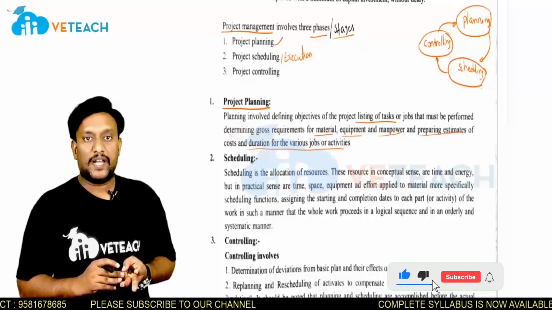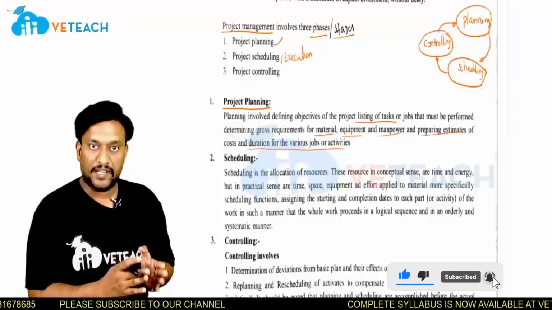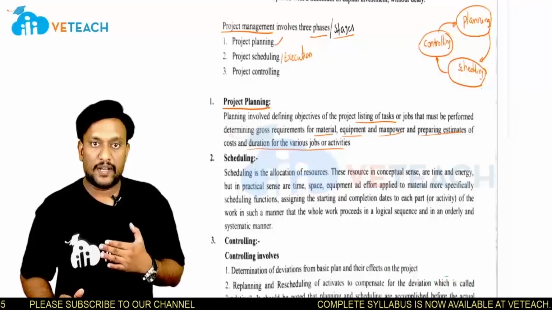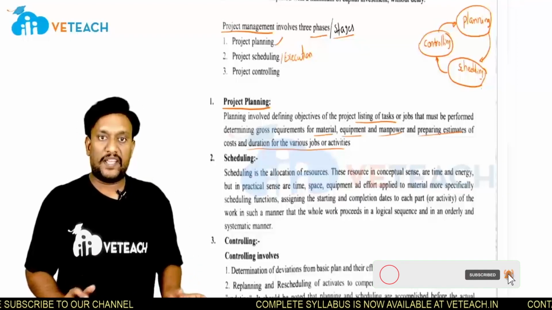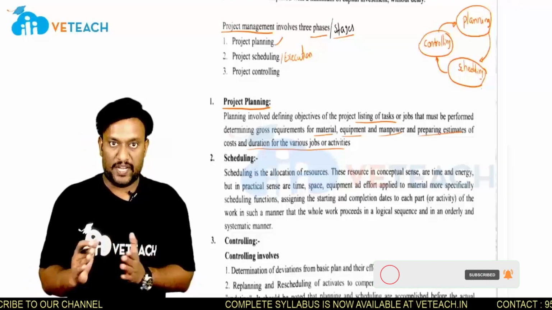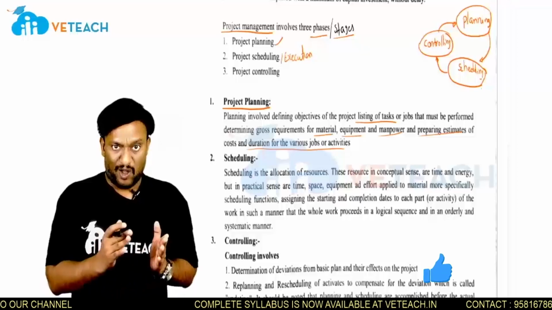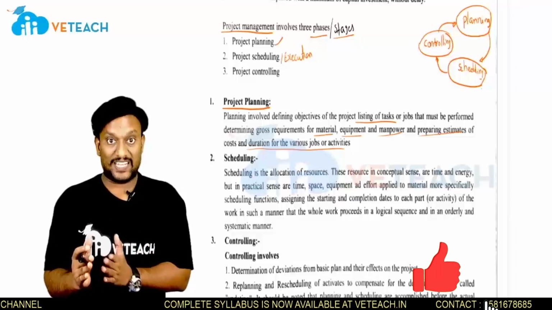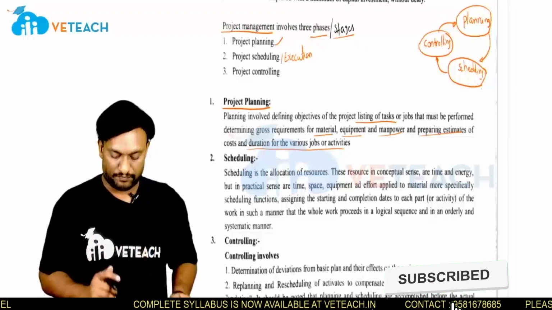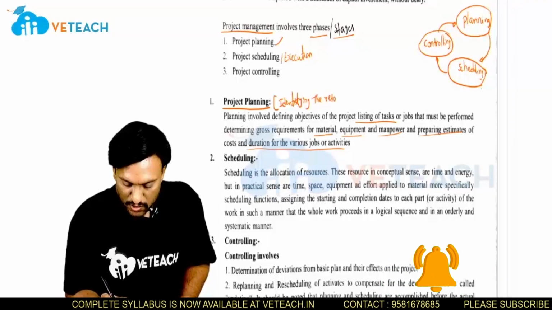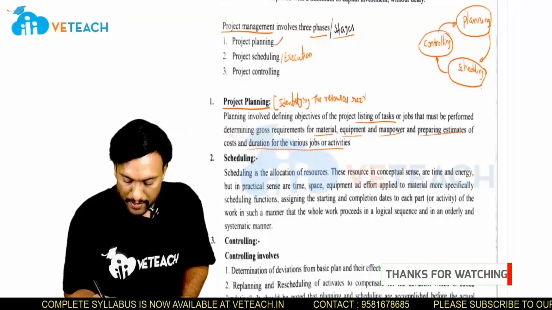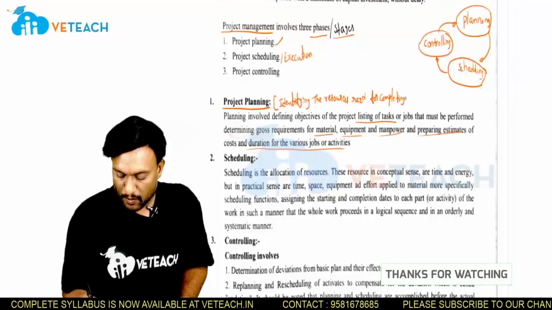How much time is needed for completing activity A, how much time for activity B. To complete various activities, how much time, money, and material are needed, like that you have to plan.